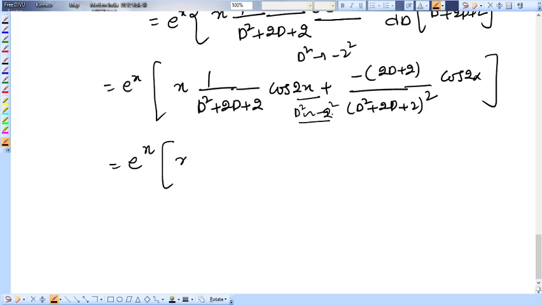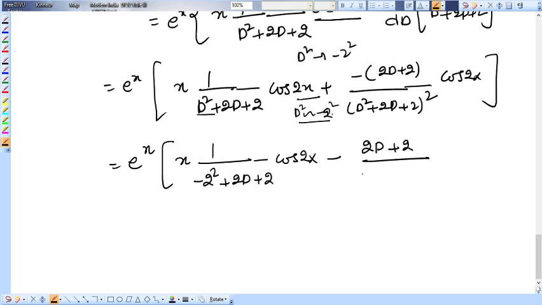So it would be x times 1 over (minus 2 square plus 2D plus 2) cos 2x, minus, and I'm writing the minus outside, (2D plus 2) over (minus 2 square plus 2D plus 2) whole square cos 2x.